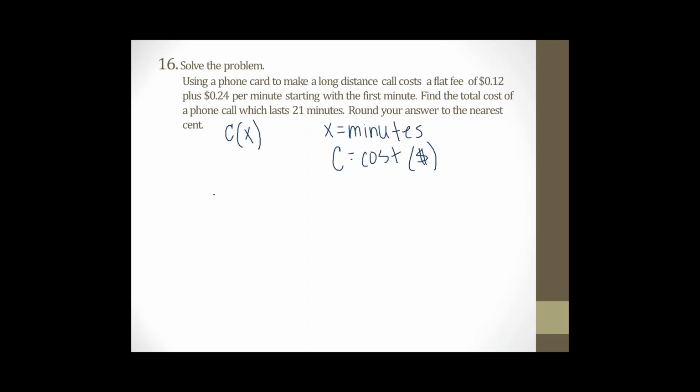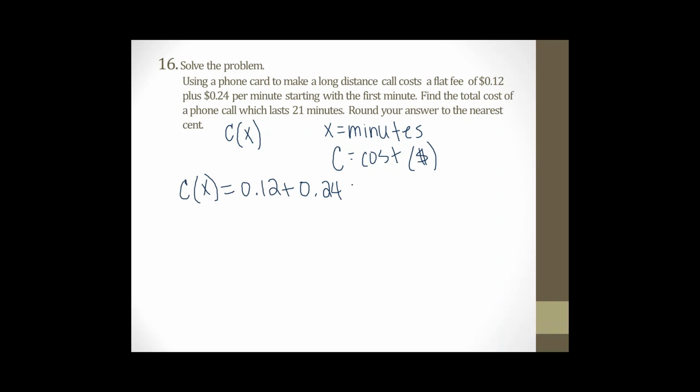Your cost is a flat fee of 12 cents plus 24 cents per minute. So every minute you add an additional 24 cents. So I'm going to say the cost of 12 cents plus the cost per minute of 24 cents.